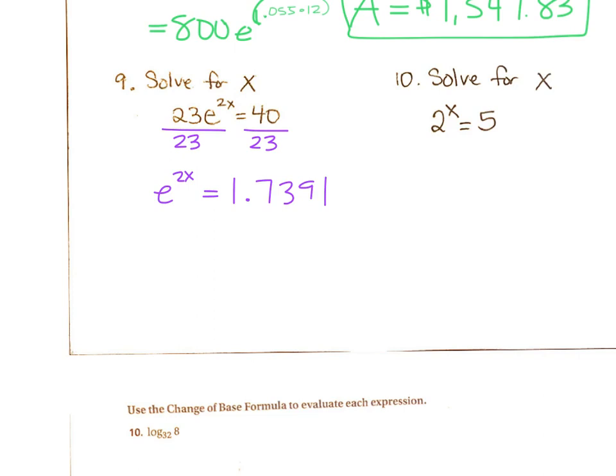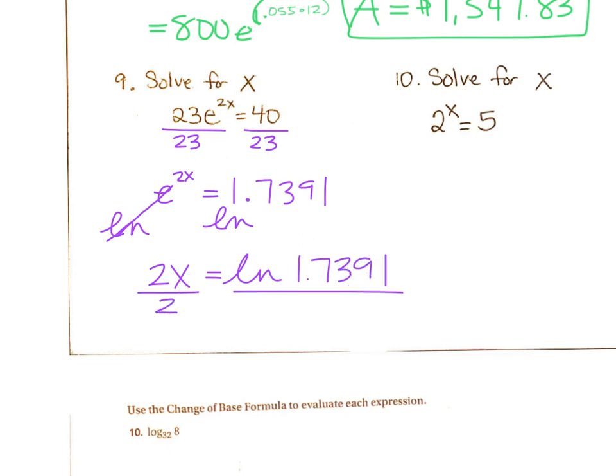So that's going to get rid of our e. If we take the natural log on this side and on this side, these pretty much get rid of each other. So we're just left with 2x over here. And then you would plug in the natural log of 1.7391, and from there, divide by 2. So whatever you plug in here, then divide by 2, and you get x equals 2767.